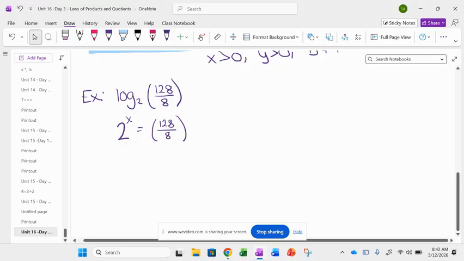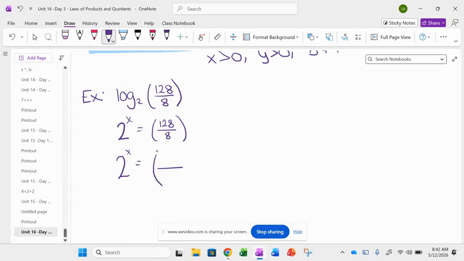Now, if I'm trying to create a base of 2, this is saying 2 to the x is equal to, and I don't know if you guys know this off the top of your head real quick, but I will tell you, 128 is the same as 2 to the 7th power, and 8 we all know is 2 to the 3rd power.